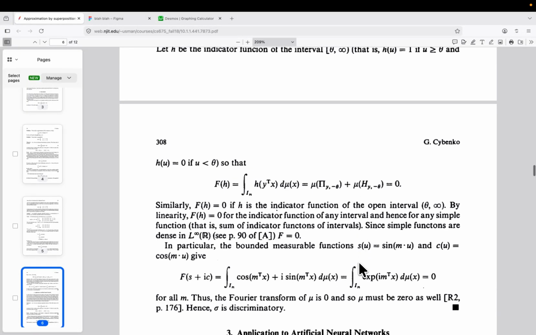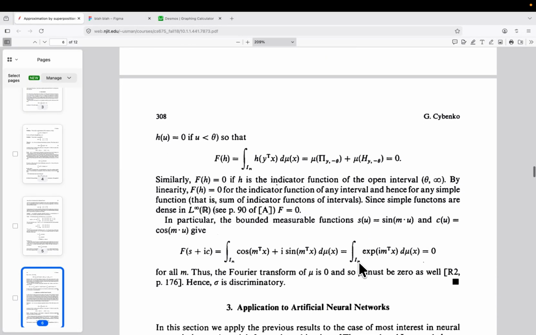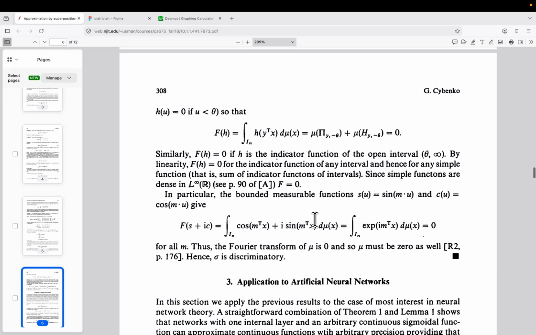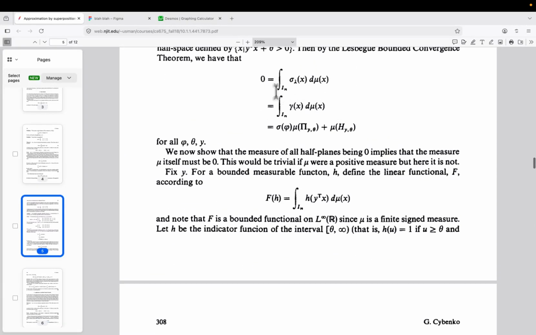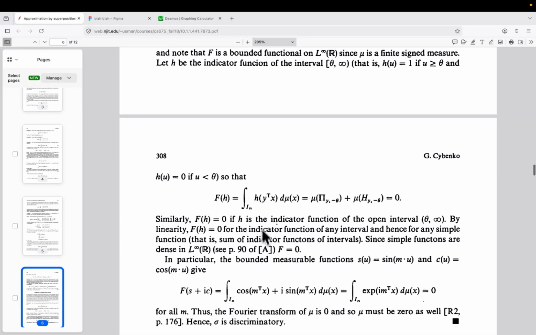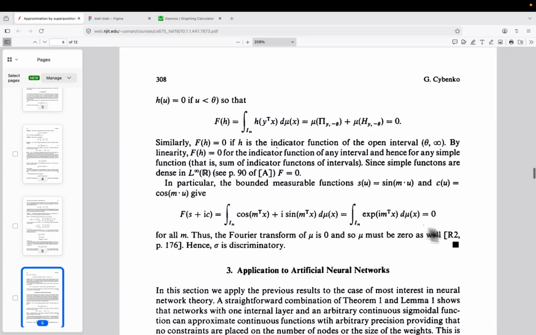Similarly, here he uses this Fourier thing. Okay, I get that. So what we're doing here is that we have this hyperspace trick. Then we're going to use the Fourier theorem, and if it's 0, it implies that mu must be 0.